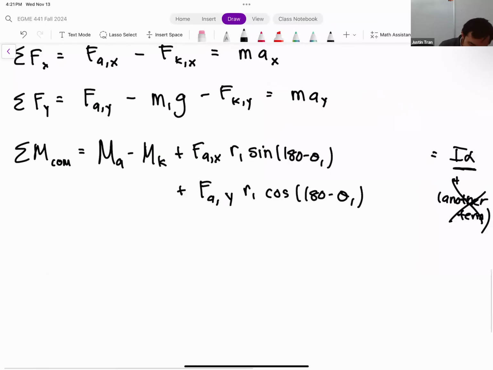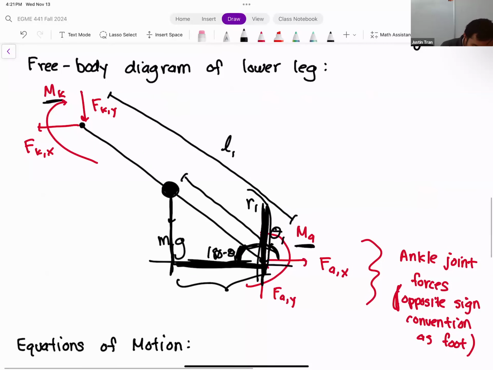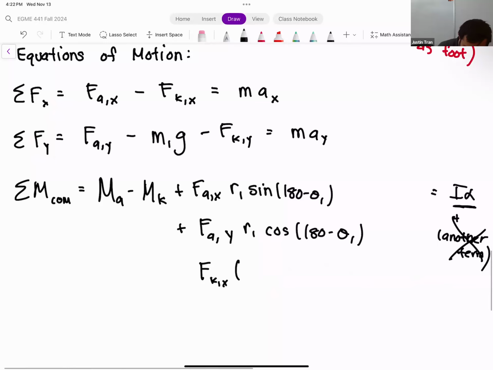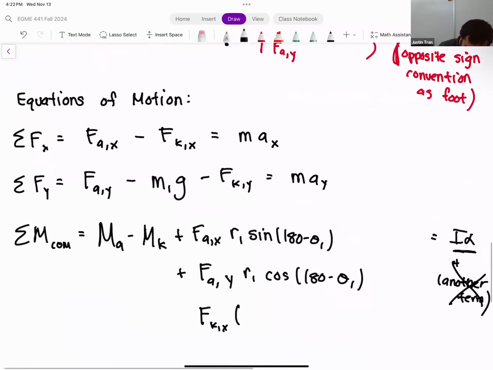And then we have the contributions from FKX. Okay. So FKX, the distance between FKX and the center of mass here. Once again, I'm going to go ahead and draw this triangle where this angle right here is 180 minus theta 1, okay? And so we have FKX multiplied by the distance, or the hypotenuse of this triangle, which is L1 minus R1.